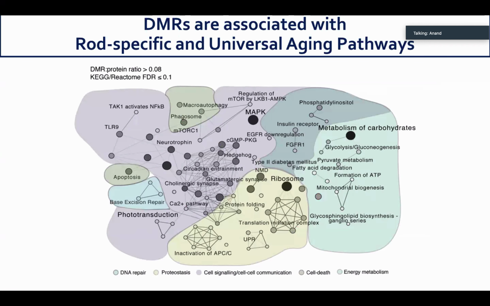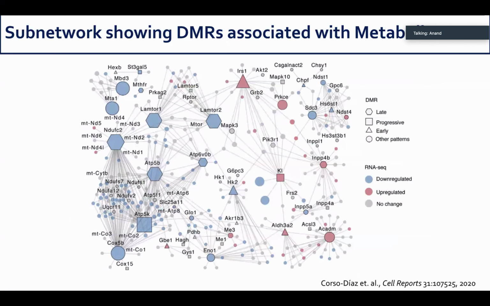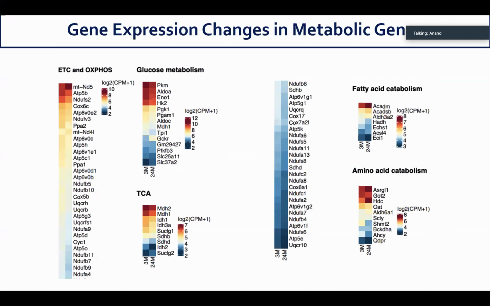But some of the changes in these pathways are rod-specific, where other changes in those genes are much more universal. So you can see this is just a pattern based on the genes that we were showing, the changes in gene expression. This is a log 2 fold change. Now these changes are not all or none. You're not going to have some part of mitochondrial protein disappear with age. You're not going to see 10-fold change in any one of these things.